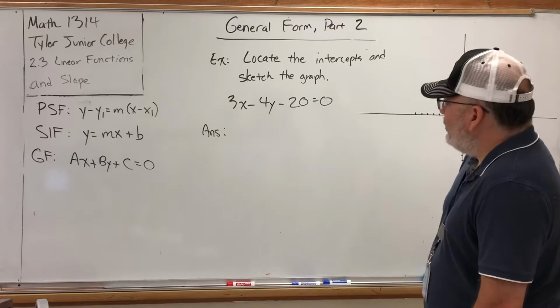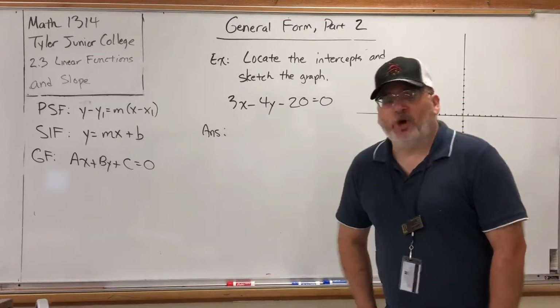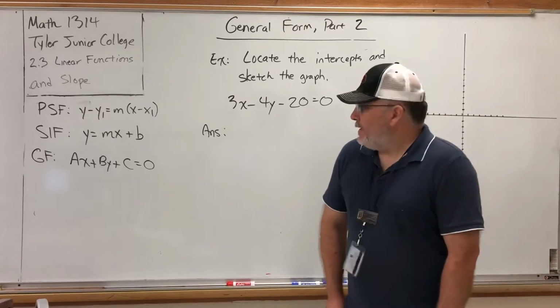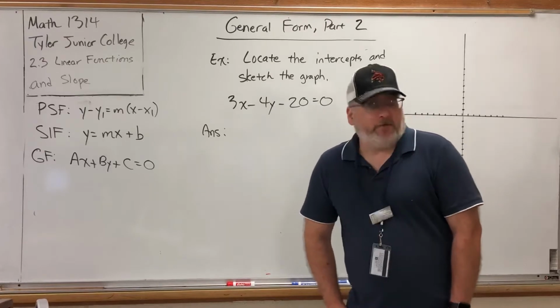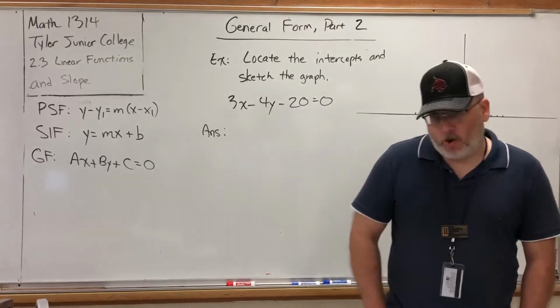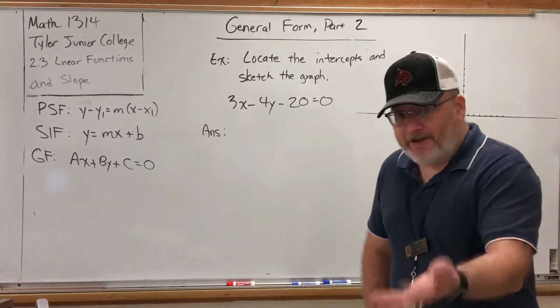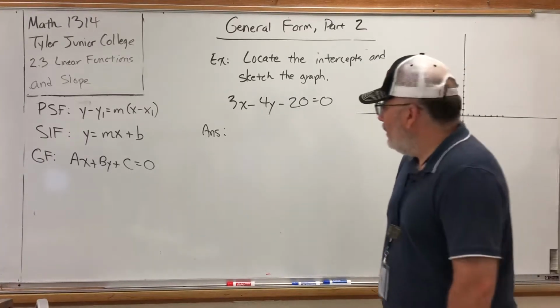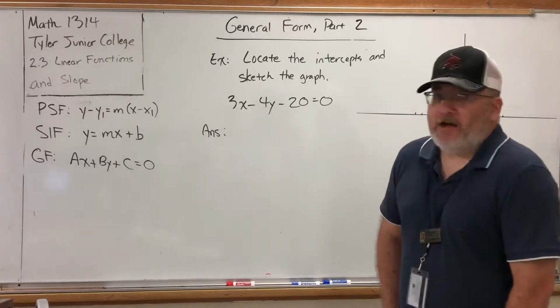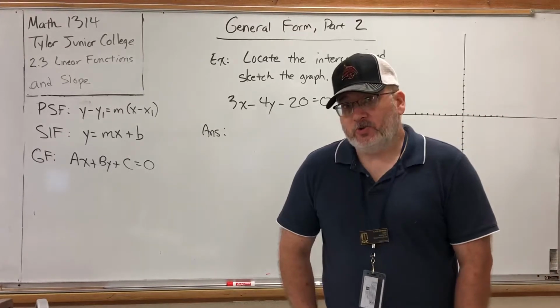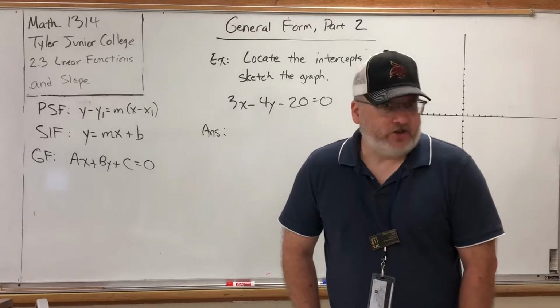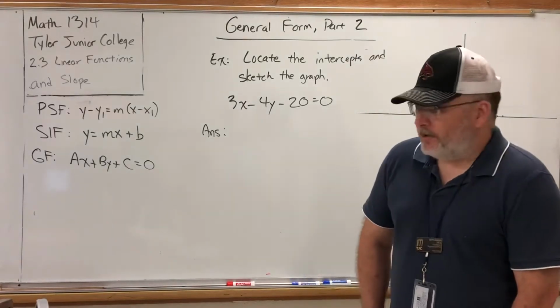Well, when we graphed general form in the previous video, we did it by solving for y and therefore converting it to slope-intercept form, and then extracting both the slope and the y-intercept and using that information to sketch the graph. But there's another technique for graphing, not just an equation in general form, but any linear equation.